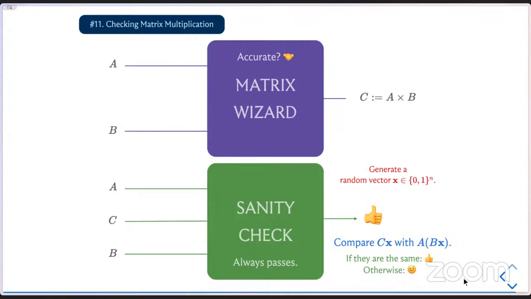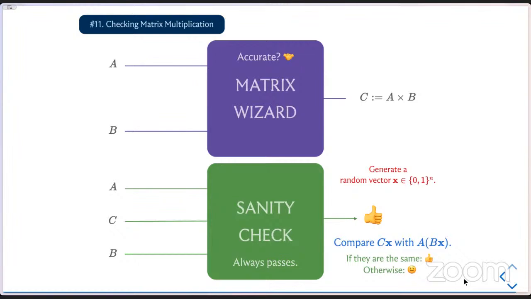I don't know if your question was pertaining to this, but my point is that we're looking at it from the perspective of, what is the truth? If the truth is that the matrix wizard is working, then our sanity check algorithm will always output yes. We're still thinking about the case when the matrix wizard is accurate.